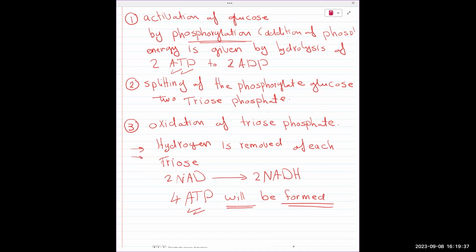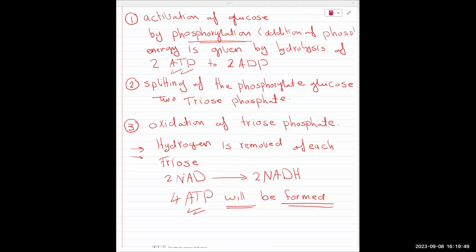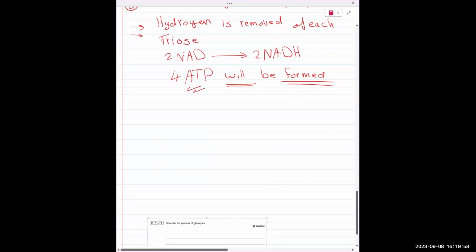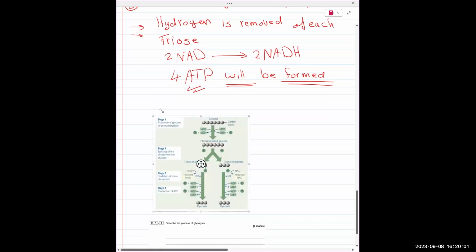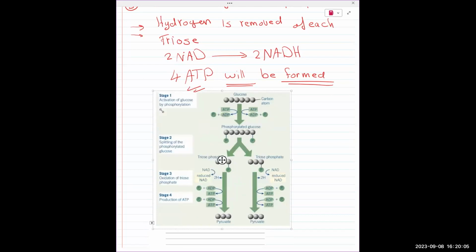If I would like to summarize the reaction of glycolysis, we can have one more simplified reaction, and let us write the net equation of this one as well. This is another diagram to simplify the glycolysis, similar to the video that we watched now.